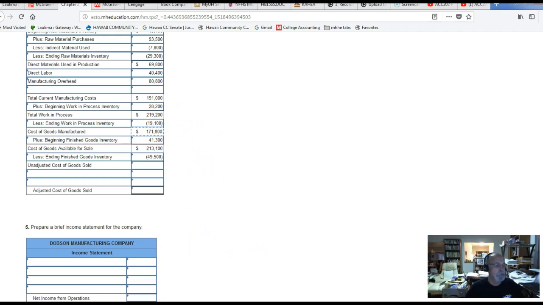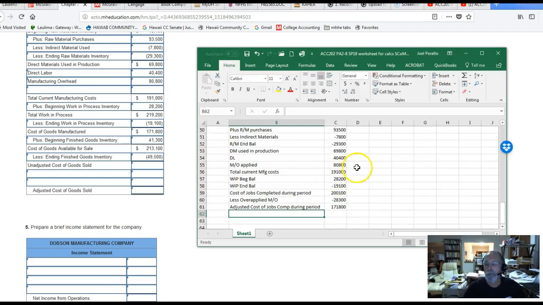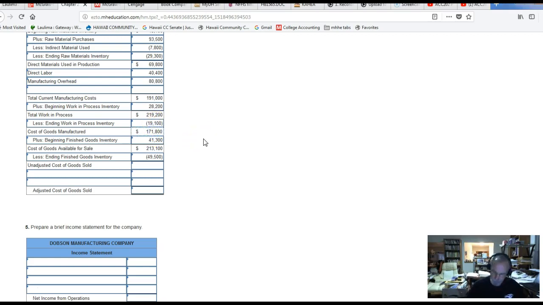Let's get our worksheet back out here. 191 plus 28.2 minus 19.1, and this would be 200,100.